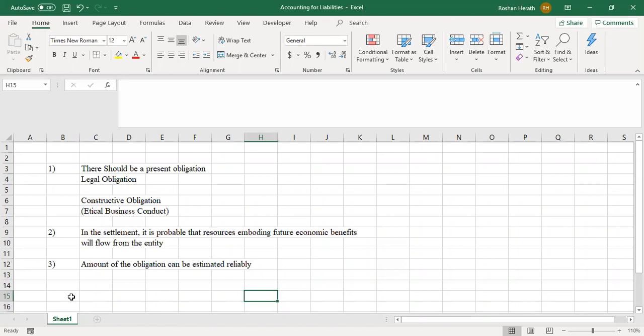Other liabilities, like trade payables and accrued expenses, you can measure reliably. But a provision involves estimation. Therefore, the amount of the obligation can be estimated reliably. Those are the three conditions that must be there.